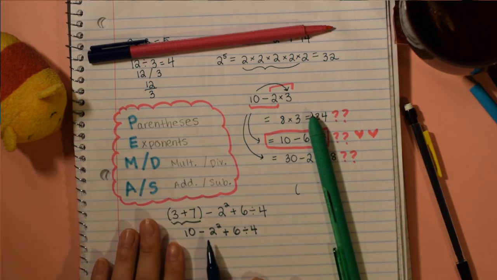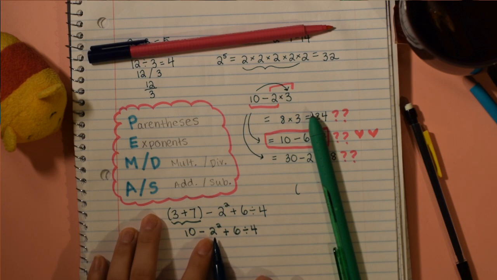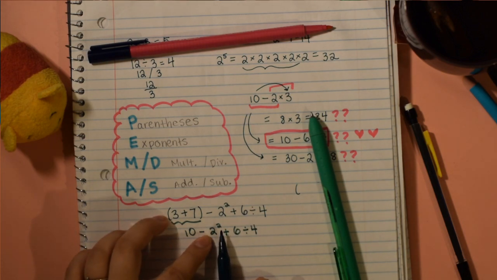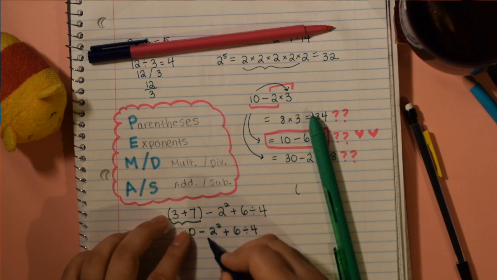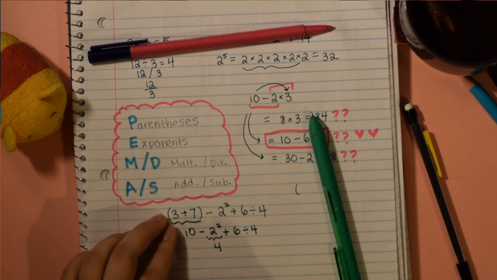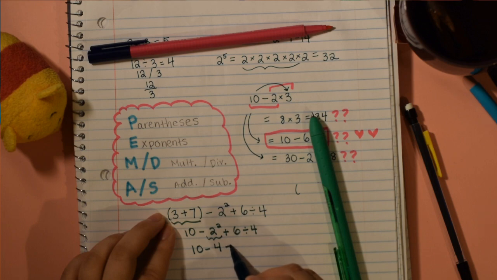So we look at, do we have an exponent? Yes, we have 2 to the power of 2, and that we're going to simplify. So this part equals 4. So we have 10 minus 4 plus 6 divided by 4.